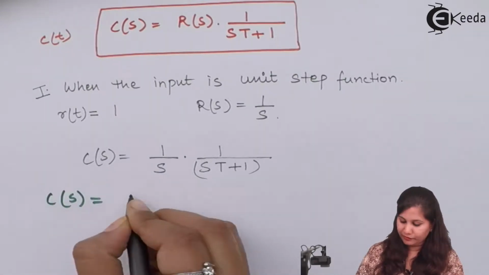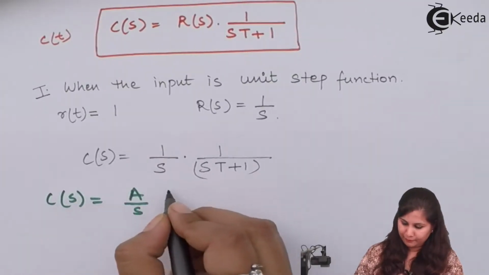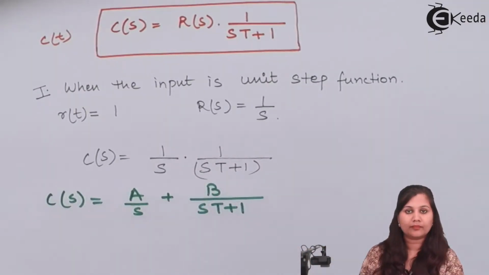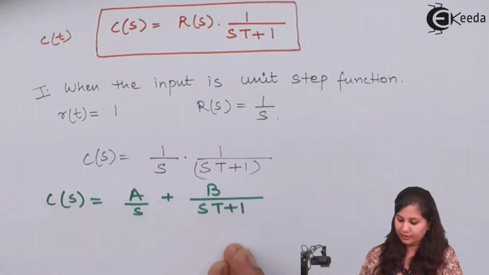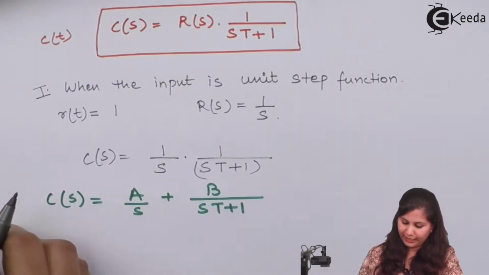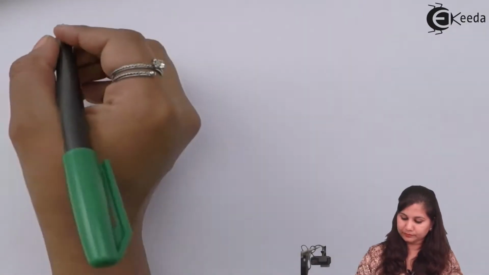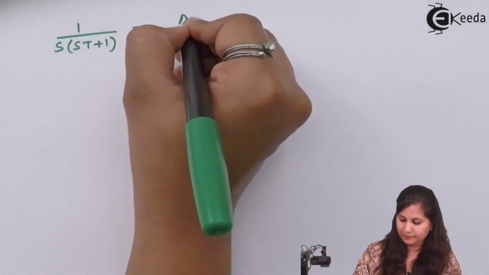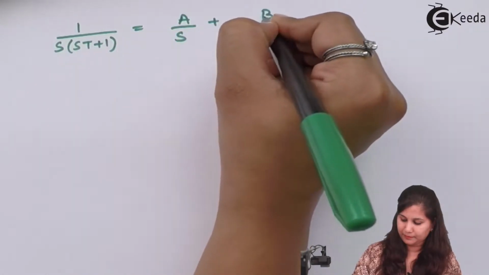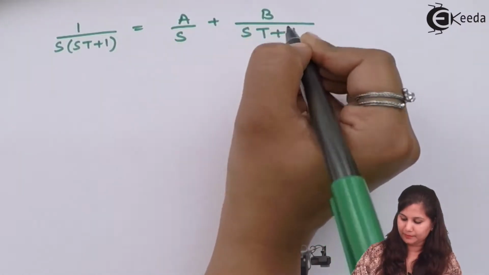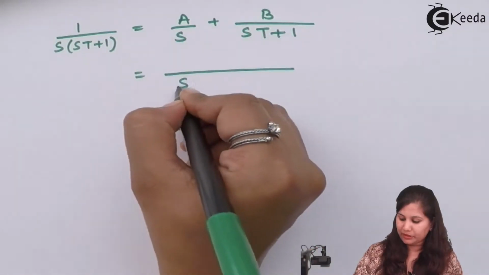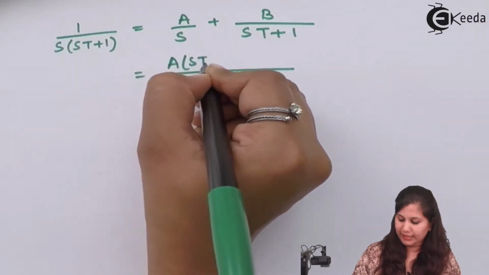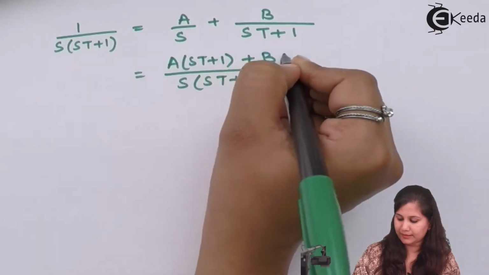So the partial fraction will be A by s plus B upon sT plus 1. This is how we get the partial fractions. So let's find out the values of A and B. If we take the LCM, it will be s(sT plus 1), and the numerator will be A multiplied with (sT plus 1) plus Bs.